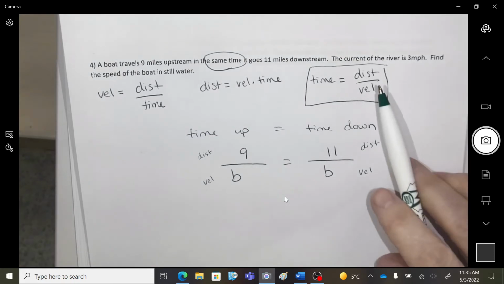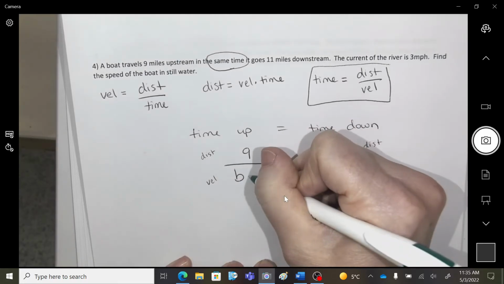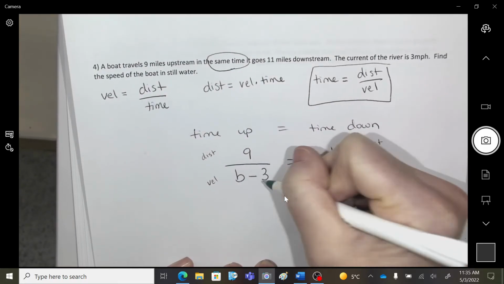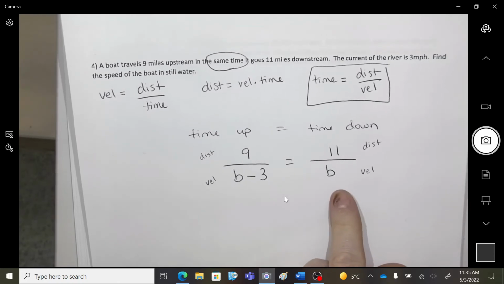What happens to you when you go upstream? Does the current add or subtract to your velocity? It would make you go slower going upstream. And when you go downstream, does it make you go faster or slower?